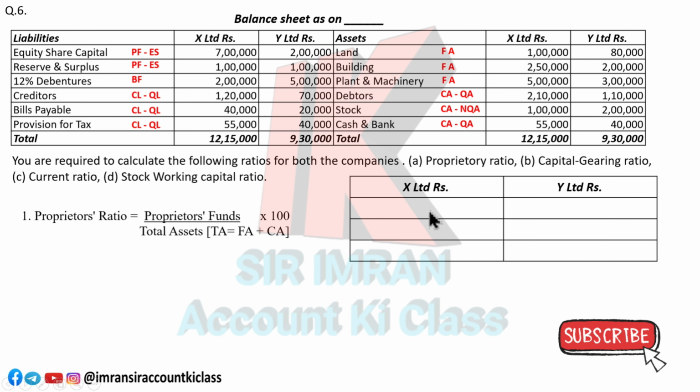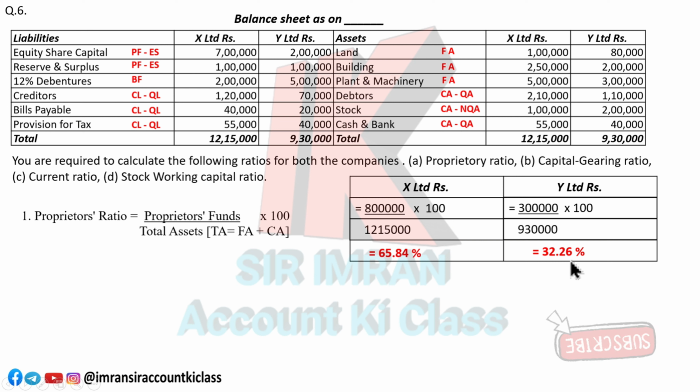It's simple. For X, proprietor fund is 8 lakh and total assets 12 lakh 15,000, so your answer is 65.84%. Same way for Y Limited, proprietor fund is 3 lakh and total assets is 9 lakh 30,000. So your answer comes to 32.26%.